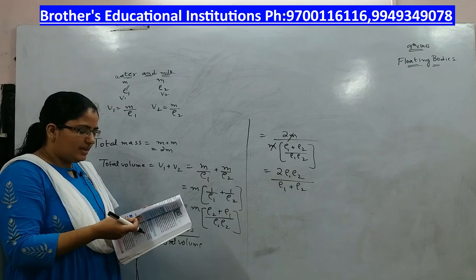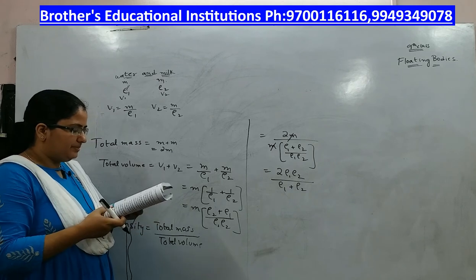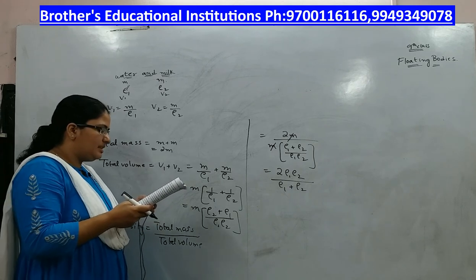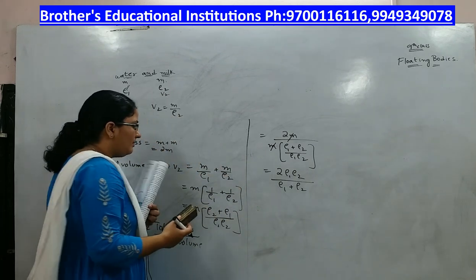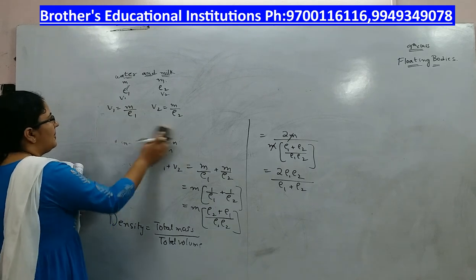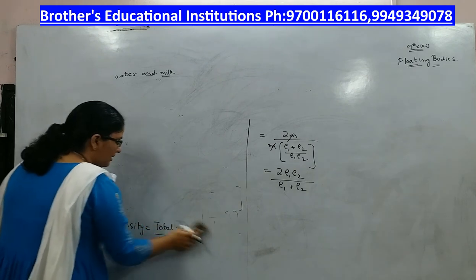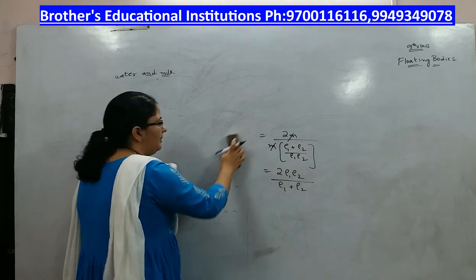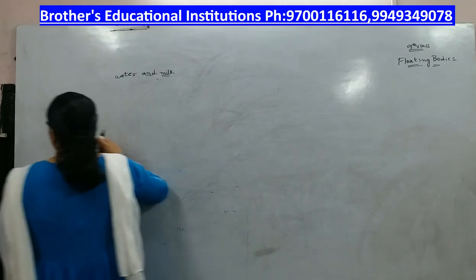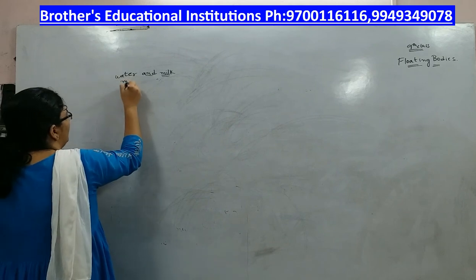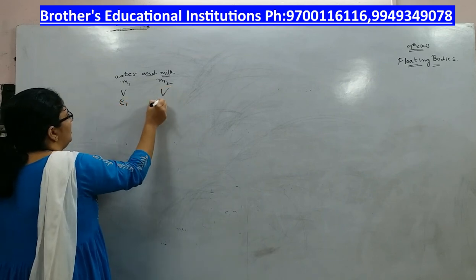Next we shall find effective density when volume is same and mass is different. In the next case, mass of water be m1, mass of milk be m2, volume is same, density is rho 1, rho 2.